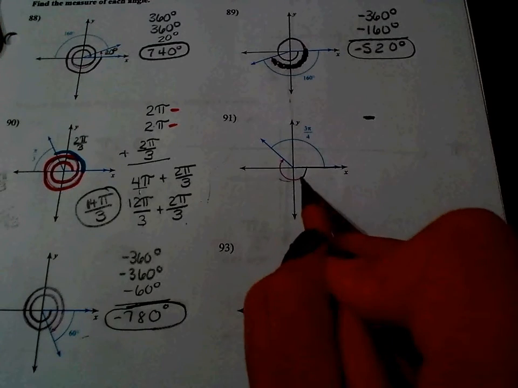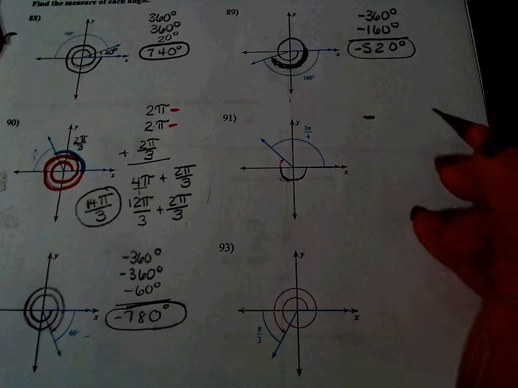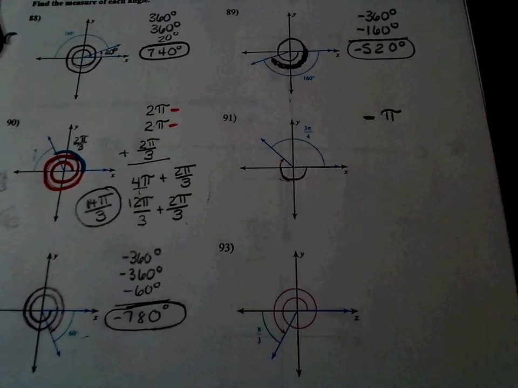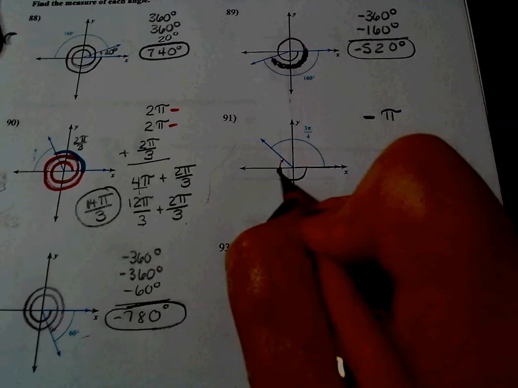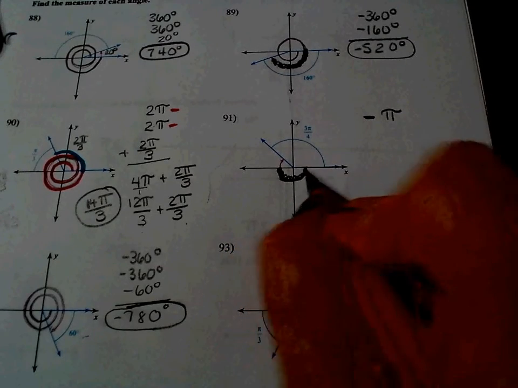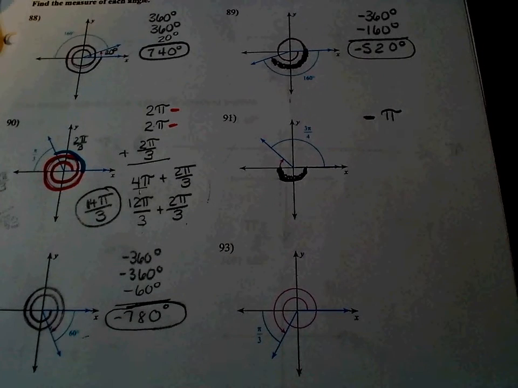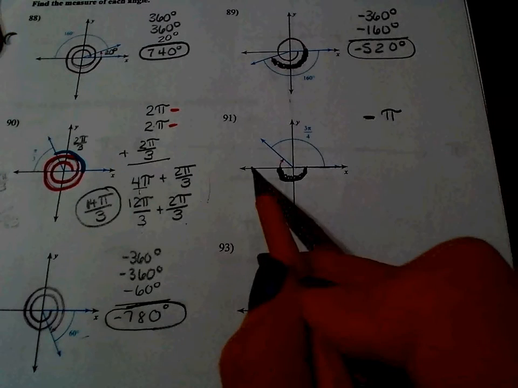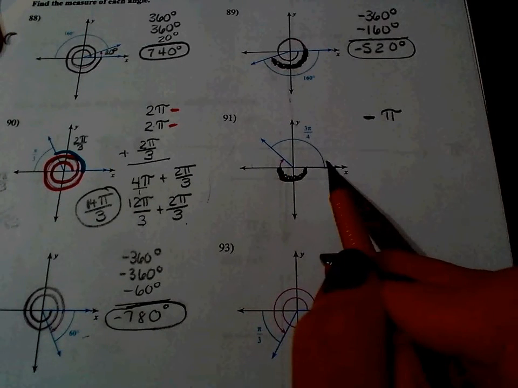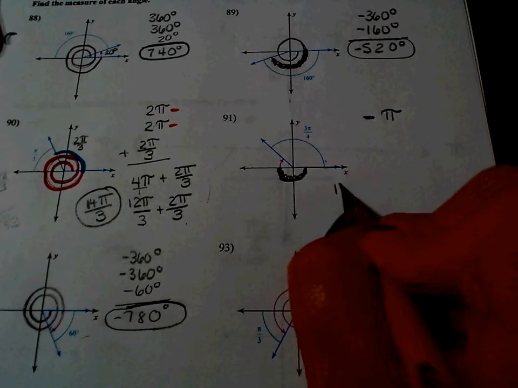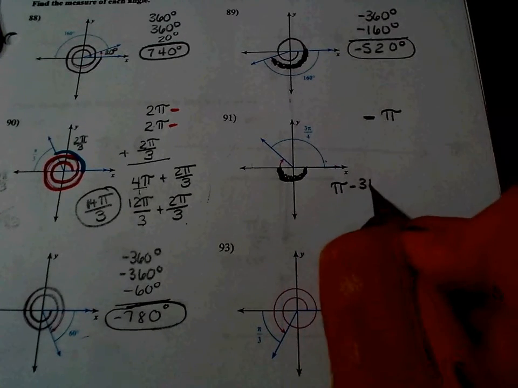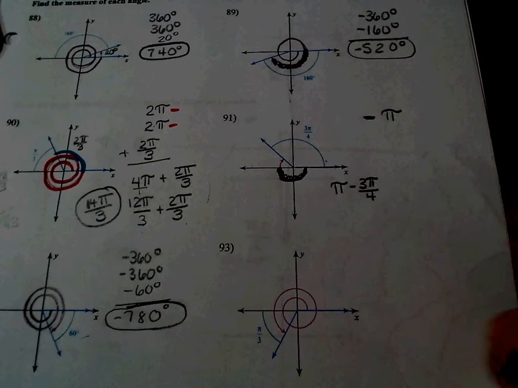From here to here is a pi. And I need to figure out how much extra, so this part right here that I'm squiggling in dark is a pi. Now I need to figure out how much extra. Well, from here to here would be another pi, but I'm subtracting off 3 pi over 4.